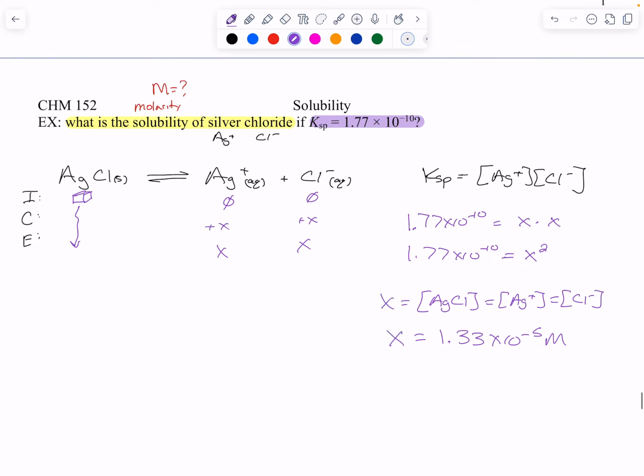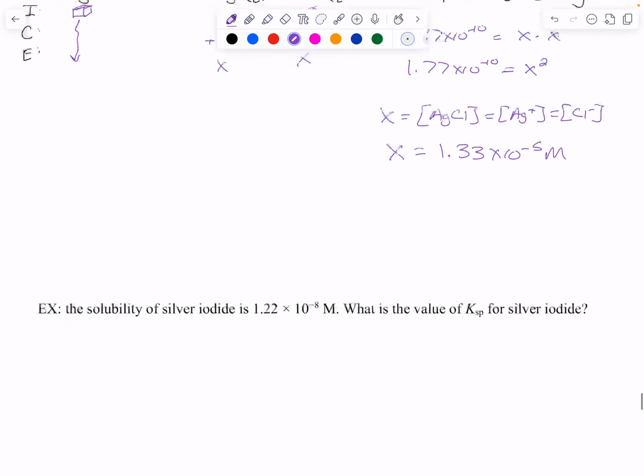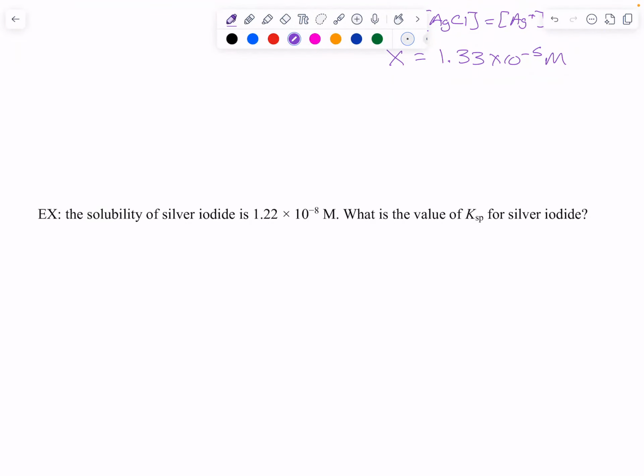All right. The next one: if the solubility of silver iodide is 1.22 times 10 to the negative 8 molar, what is the value of KSP? So now we've got the solubility of silver iodide, right? What is KSP? Well, silver iodide, silver, Ag plus, iodide, I minus.